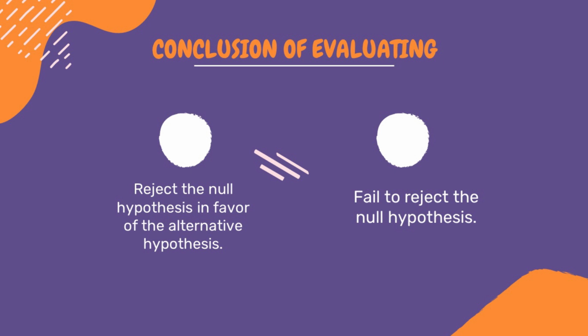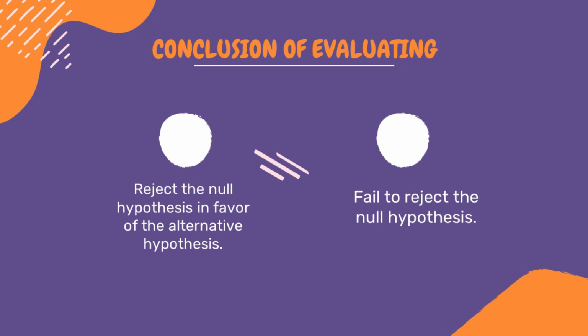Reject the null hypothesis in favor of the alternative hypothesis. The difference in survival between the intervention and control group was statistically significant. There was a 20% increase in survival for the intervention group compared to control.